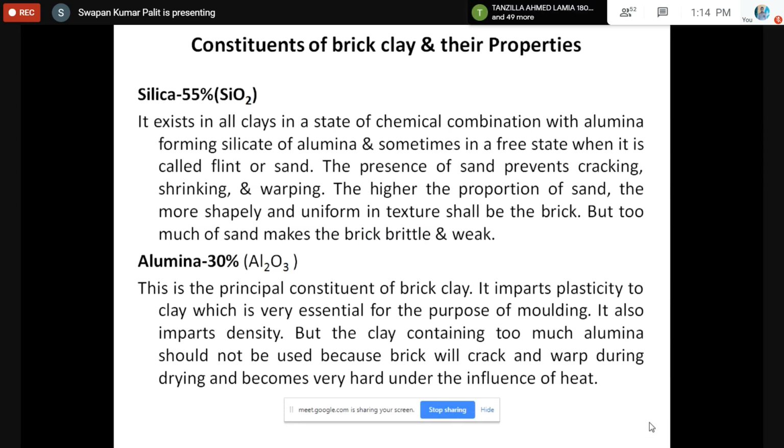So what are the effects? The presence of sand prevents cracking, shrinking and warping, and with a higher percentage the brick is more shapely and uniform in texture, but too much sand makes the brick brittle and weak. Similarly, alumina will give plasticity, strength and density.